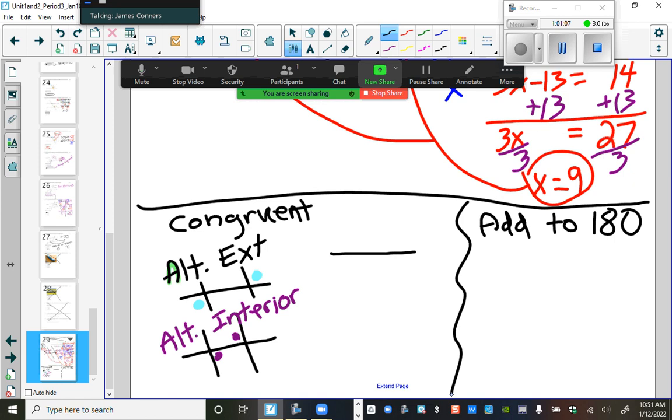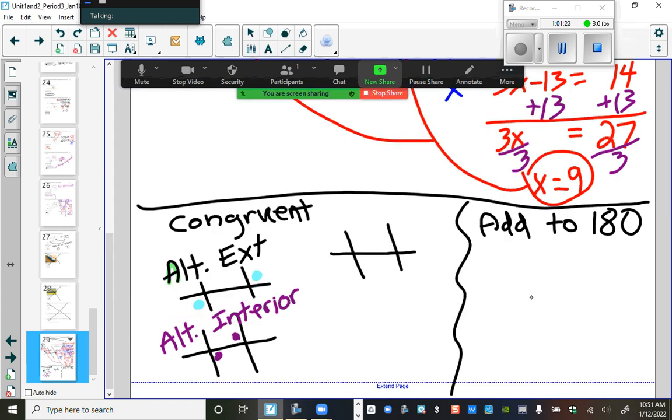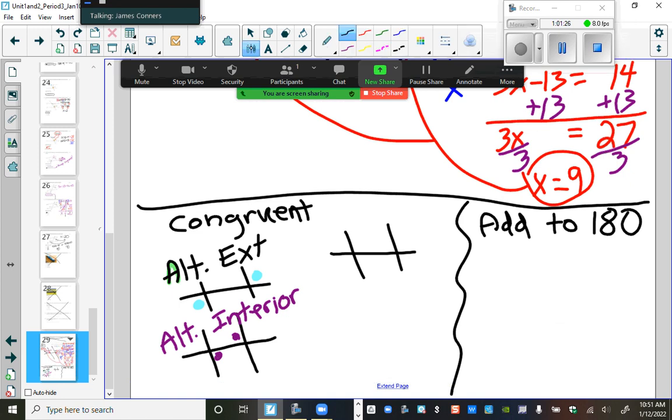Another case, vertical. And then last but not least, I'm missing one.